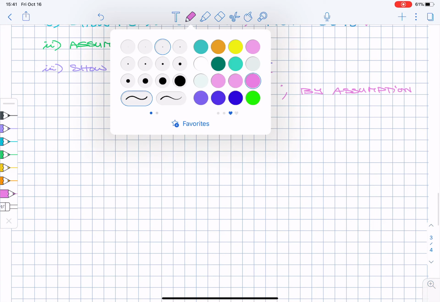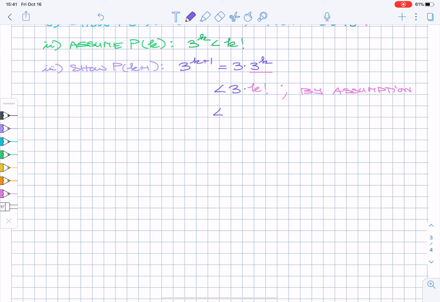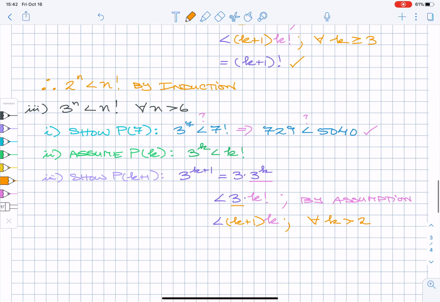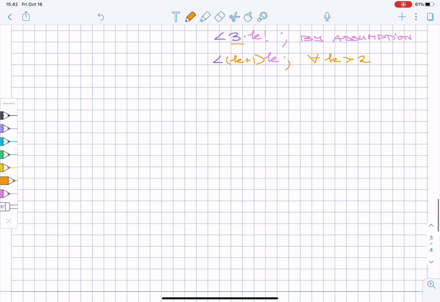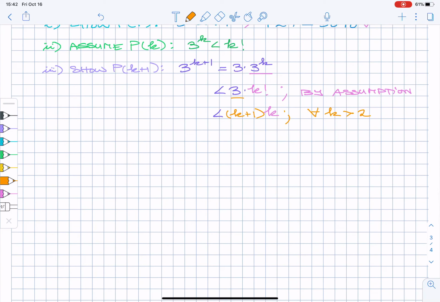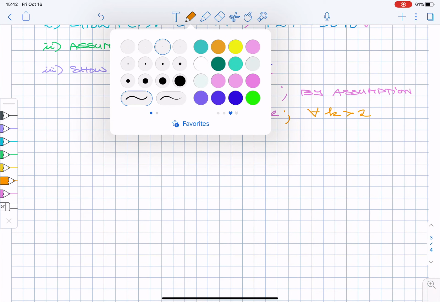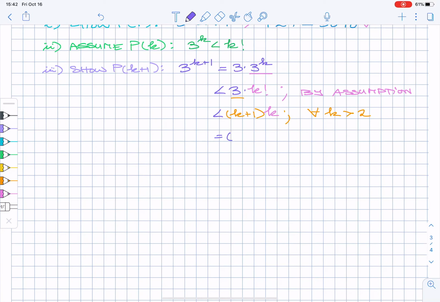So is it true that 3 is less than k plus 1 for all values of k strictly greater than 2, right? And in fact, we start at 6, so it doesn't matter. We're well within that. Well, what is k plus 1 times k factorial? Well, that's just k plus 1 factorial.